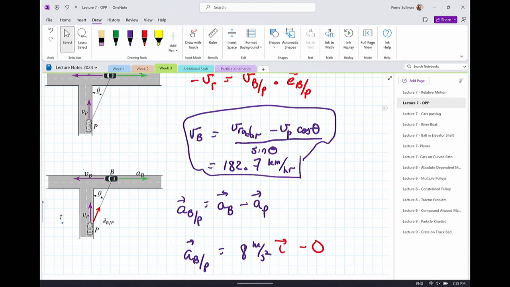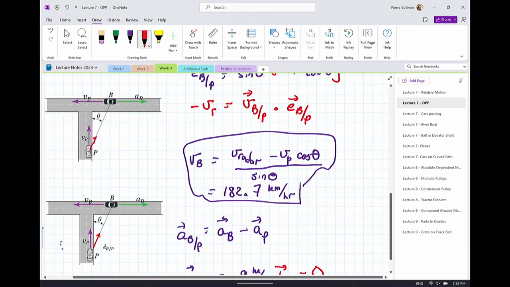Along which unit vector is the radar pointing? The unit vector for the radar is this one right here, because that's what you're measuring. As the person is rotating around or coming closer, the radar is catching another bit of the person. That's the unit vector of B with respect to P, and what you're measuring is the normal component of that velocity.